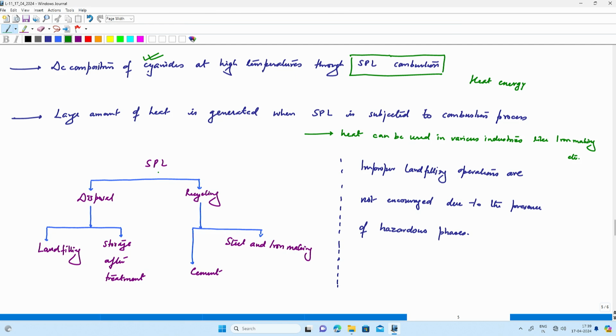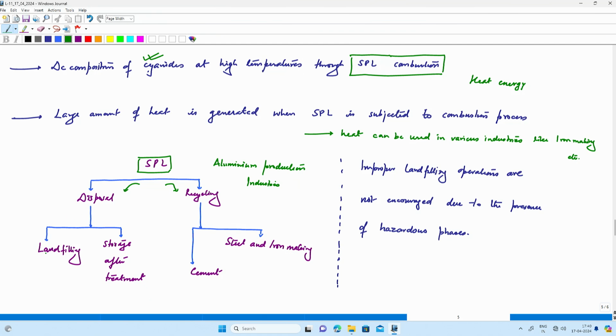So SPL is generated in the Hall-Héroult process, or let's say aluminum industries. We can think of either disposal or recycling. When we think of disposal, it could be controlled landfilling, or it could also mean that we have temporary storage after treatment.